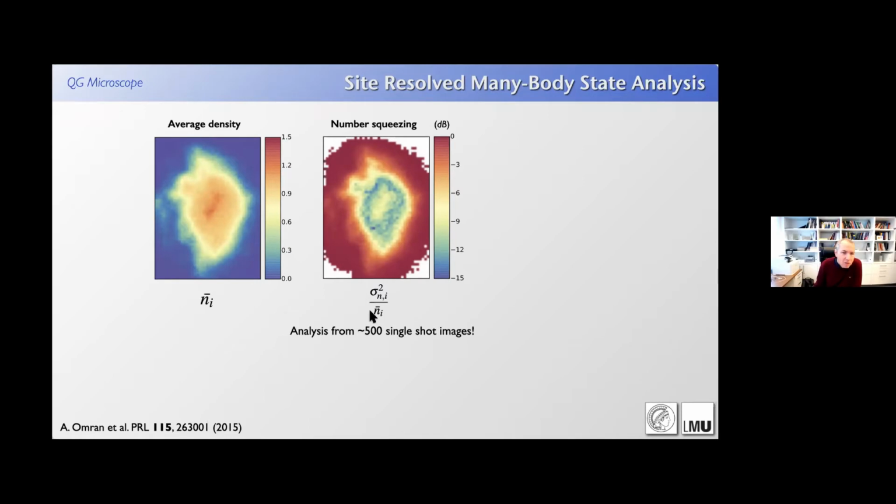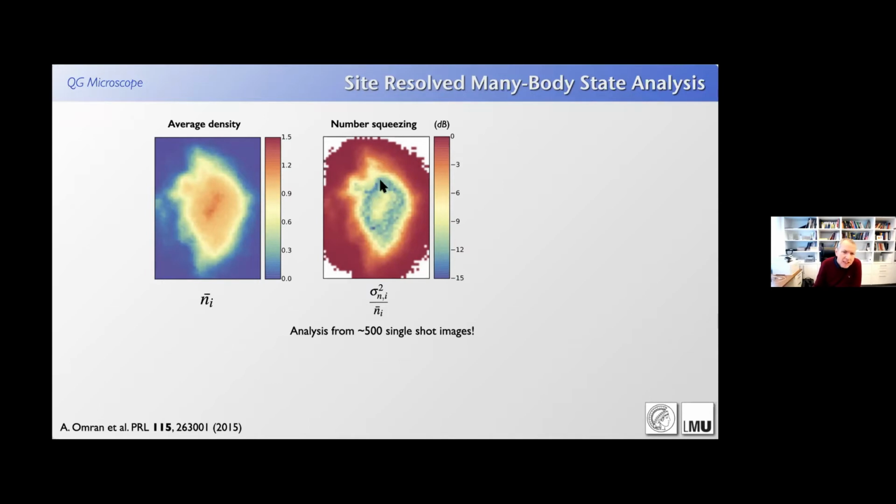And now, of course, we can be in insulating states of matter, like this Mott insulator or a band insulator, where you have exactly a fixed number of particles per lattice site without any fluctuations in the particle number. And then this would give you a reduced number, with the number squeezing being smaller than 1, and this tells you quantitatively how much reduced those fluctuations are.